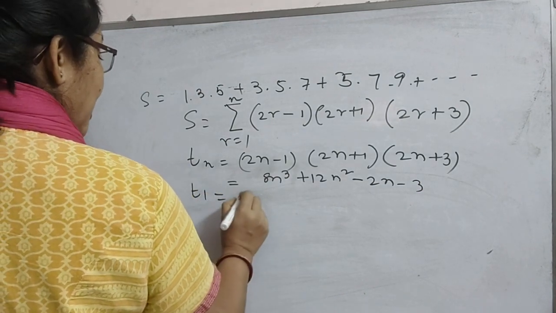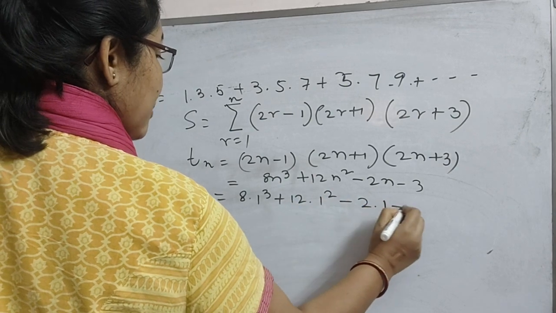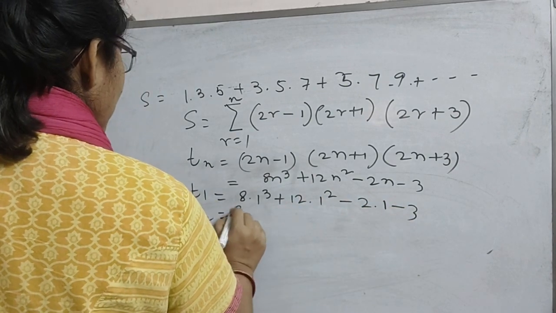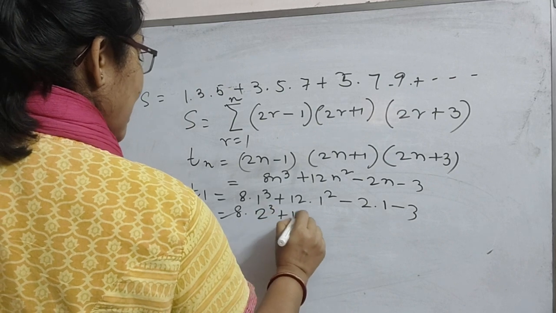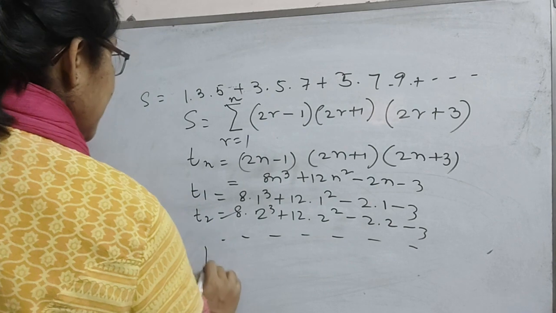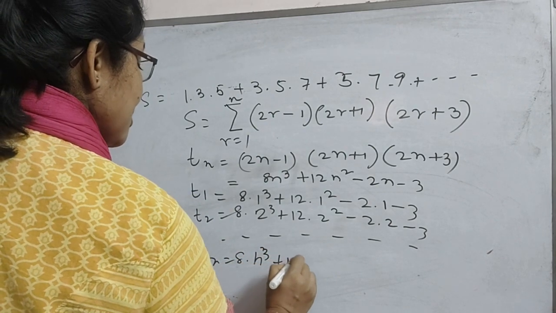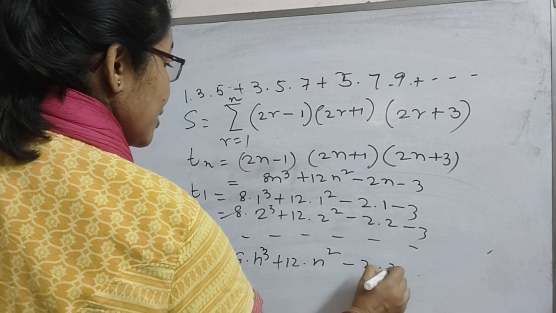So T1 equal to 8 into 1 cube plus 12 into 1 square minus 2 into 1 minus 3. T2 equal to 8 into 2 cube plus 12 into 2 square minus 2 into 2 minus 3. In this way, Tn equal to 8 into n cube plus 12 into n square minus 2 into n minus 3.